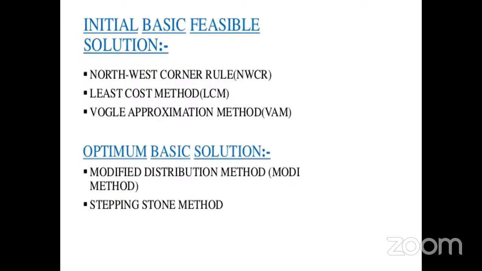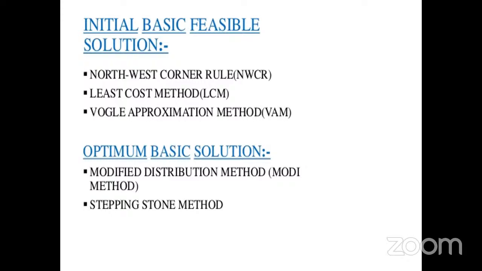To find the optimal solution, there is the MODI method, that is modified distribution method, and two is the stepping stone method. So stepping stone or MODI method. The MODI method includes the stepping stone, so those two are almost similar, with only a small change.